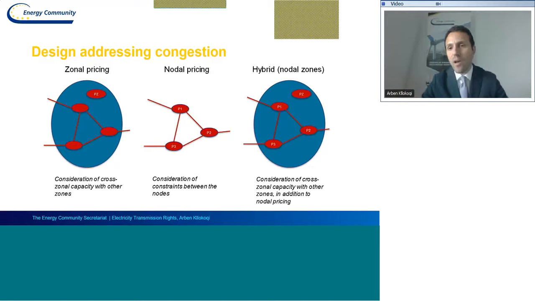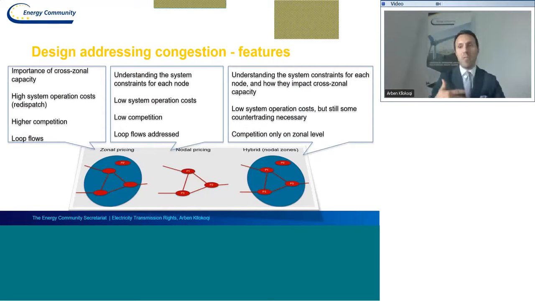And then you have also the hybrid model, which is a combination of the nodal design, and also there is a system price at the end. The differences between these, as mentioned previously, is that you have competition and trading going on within the zone, which means it is very important to understand the importance of the cross-zonal capacity.